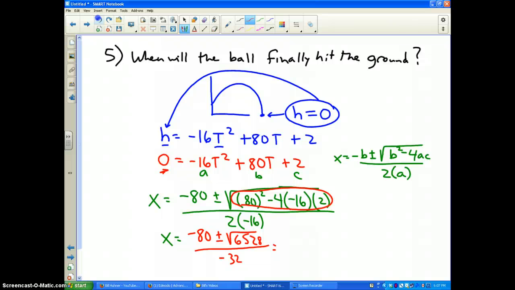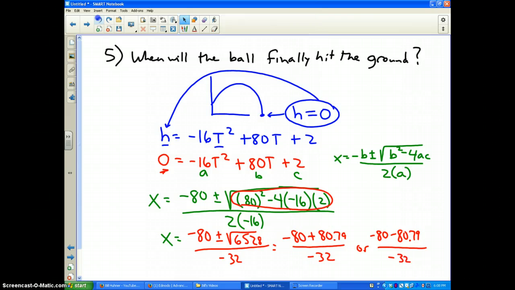So I'm going to write my two answers. My two answers to this problem are negative 80 plus 80.79, the whole thing divided by negative 32, or the other answer when the ball hits the ground is negative 80 minus 80.79 divided by negative 32.